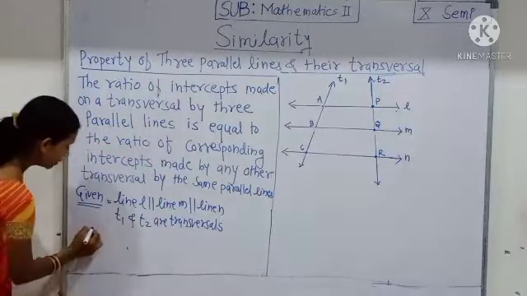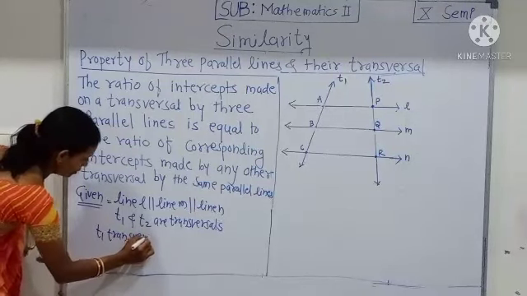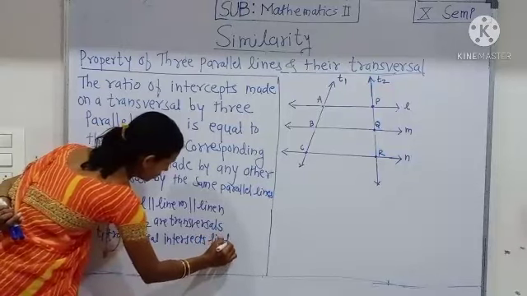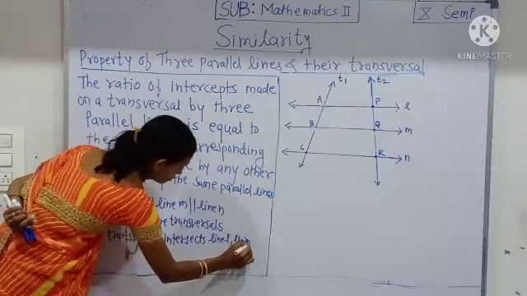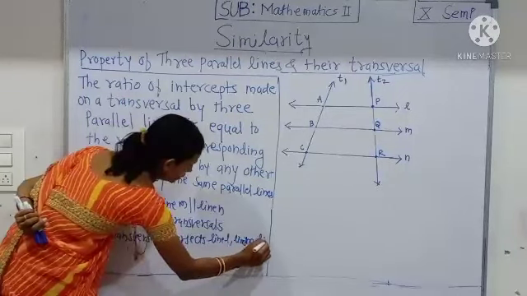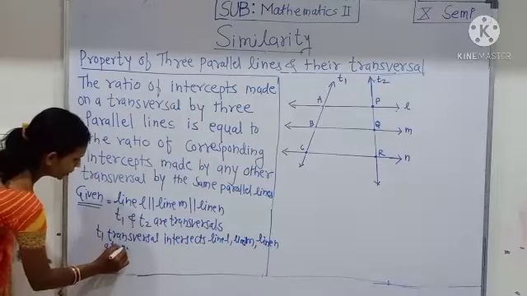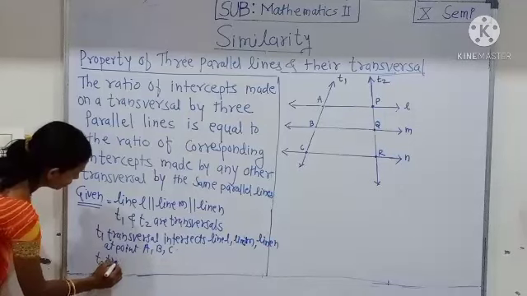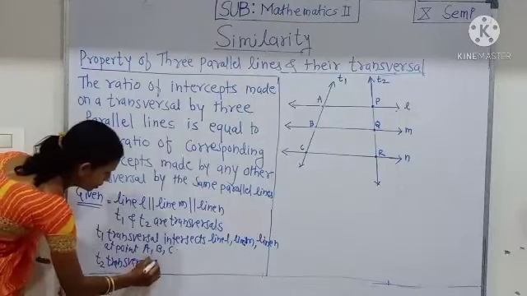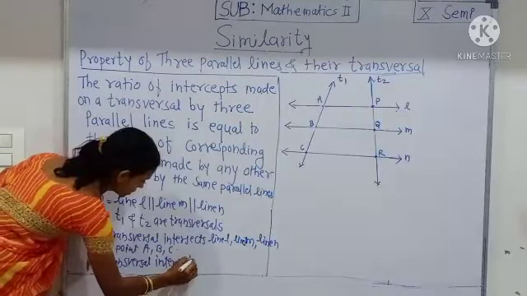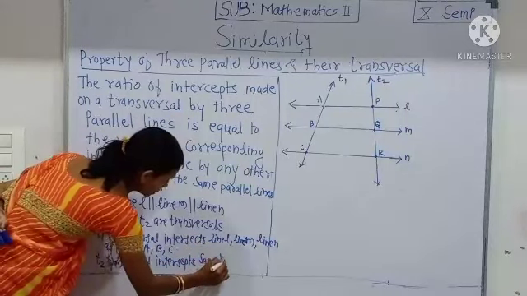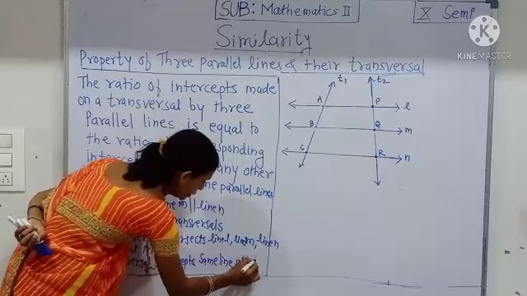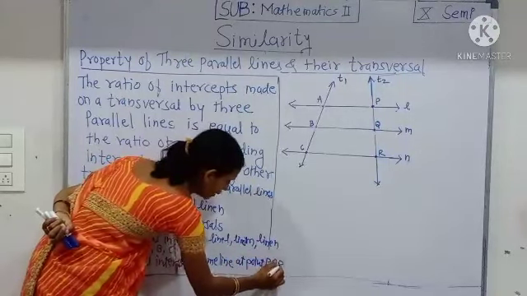T1 transversal intersects line L, line M and line N at points A, B and C. Similarly, T2 transversal intersects the same lines, line M, line N and line L, at points P, Q and R.